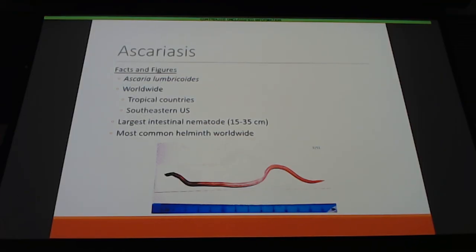All right. Usually we're infected by Ascaris lumbricoides when we ingest the eggs. Okay. Often from contaminated food or contaminated human waste when we push it out.